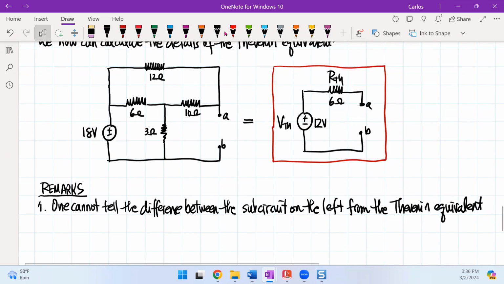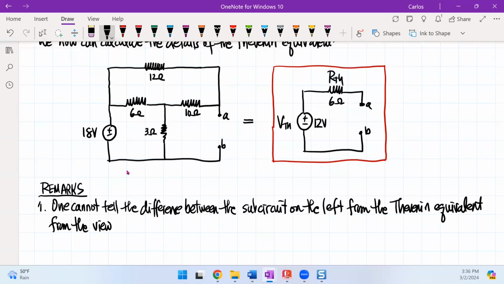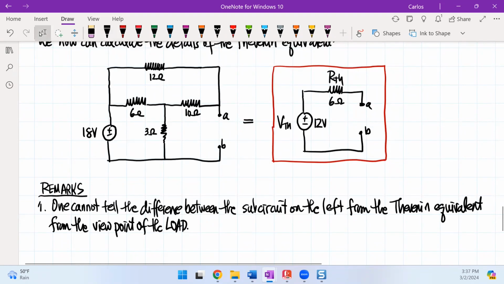And we gotta be careful here, right? We gotta be careful. From the viewpoint of the load. From the viewpoint of the load.